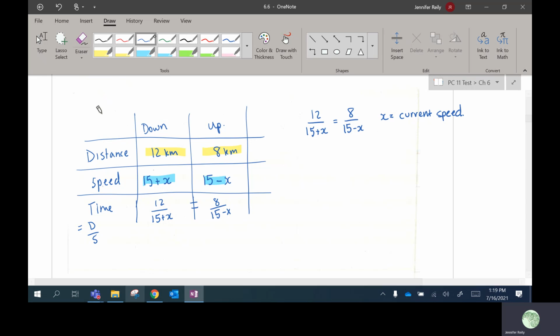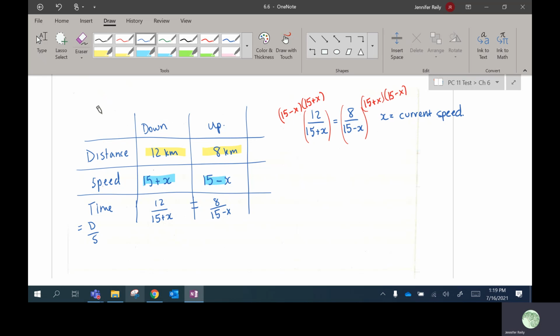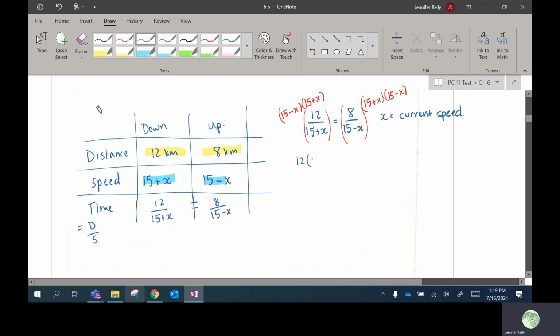Okay, so let's go ahead and use our strategy of multiplying by all the factors in the denominator: 15 minus x and 15 plus x. Okay, so we'll end up with 12 times 15 minus x on this side because the 15 plus x is cancelled. And on this side, I'll have 8 times 15 plus x because these ones cancel.